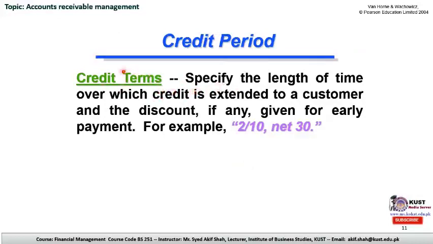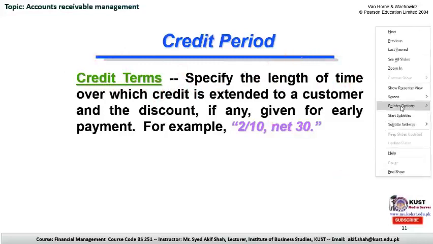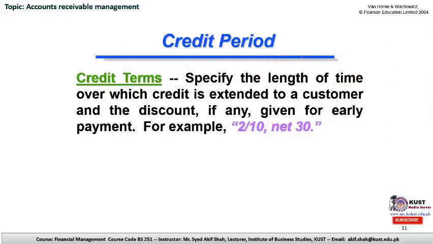These are terms and conditions of credit sales basically. The credit terms are actually specifying the length of time allowed to the credit customers over which credit is extended to a particular customer, and any discount.